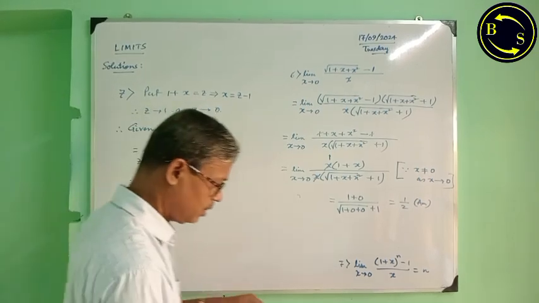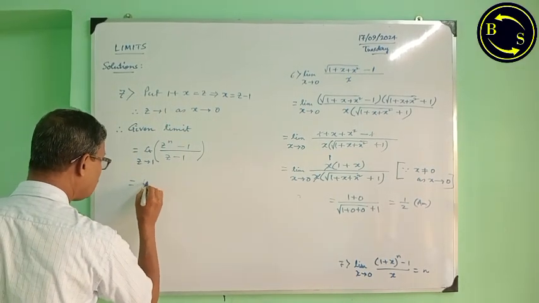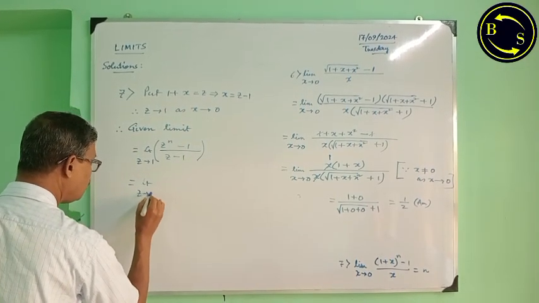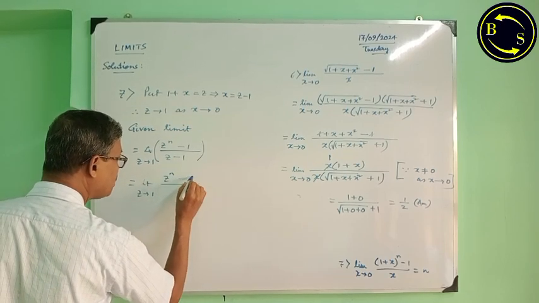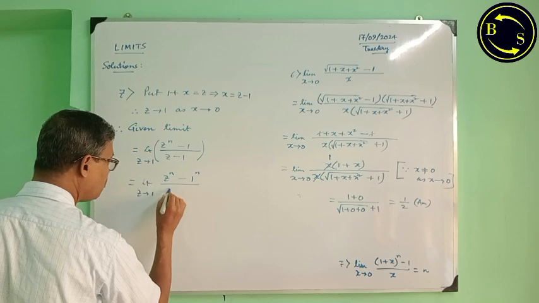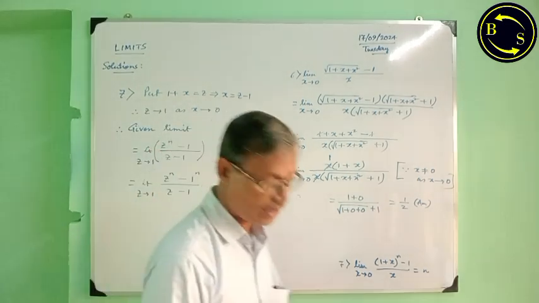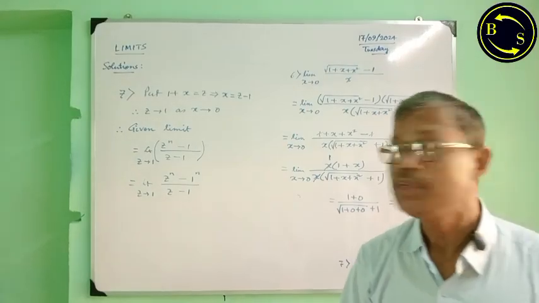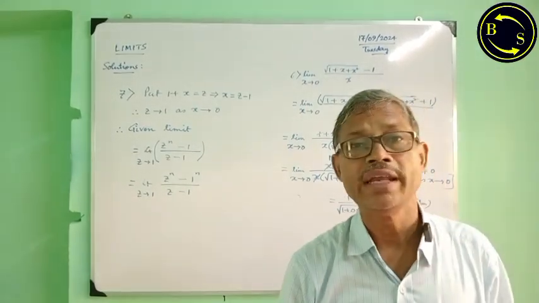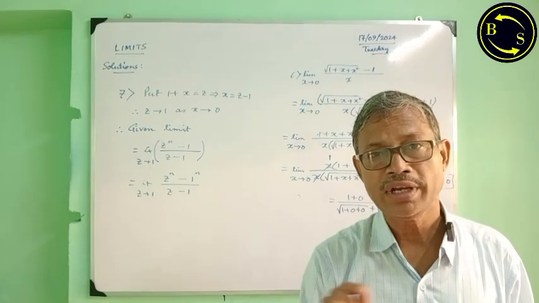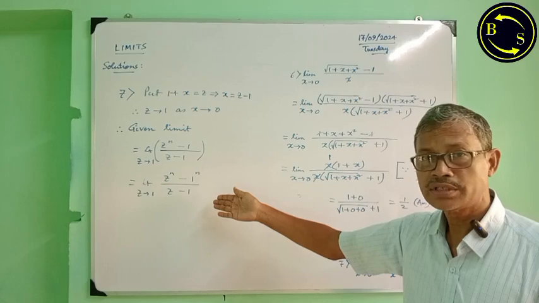Now we get the standard form, limit z tends to 1, z to the power n minus 1 to the power n, by z minus 1. This is exactly the standard form: limit x tends to a, numerator x to the power n minus a to the power n divided by x minus a, which is the denominator.